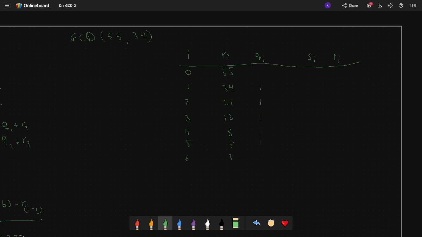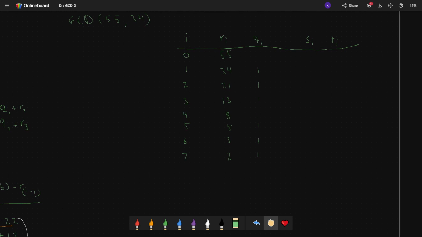The remainder is 3. 3 goes into 5 once. The remainder is 2. 2 goes into 3 once. The remainder is 1. 1 goes into 2 twice. And the remainder is 0.